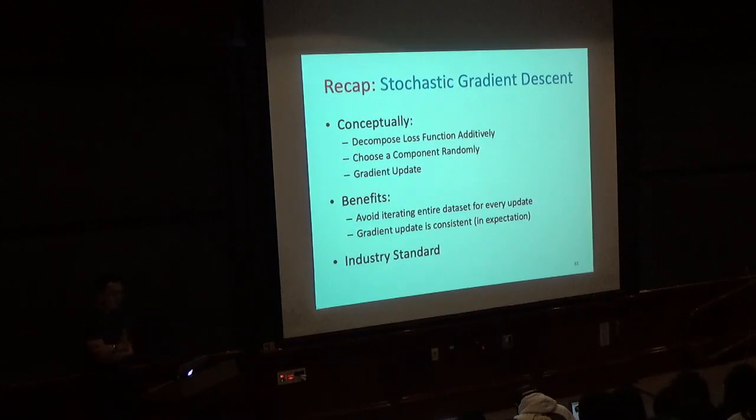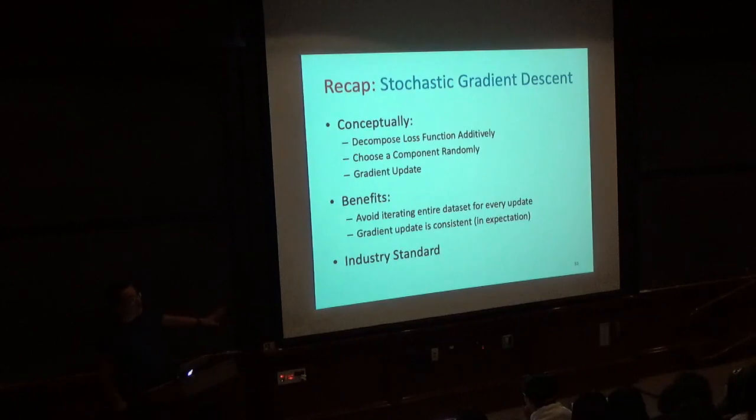Okay, so just to recap, stochastic gradient descent conceptually decomposes the loss function additively, and then it chooses one of the additive components of the loss function randomly, and makes a gradient update based on that, just evaluating the gradient on that one component. The benefit is that it avoids iterating through the entire training set for every update, and the convergence guarantees of gradient descent, by and large, also hold for stochastic gradient descent.